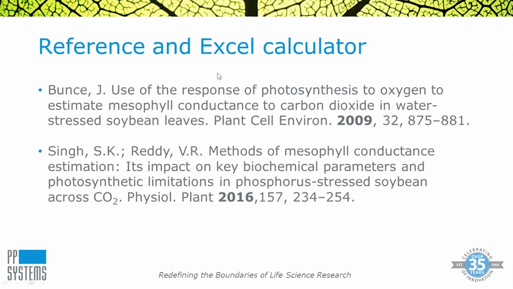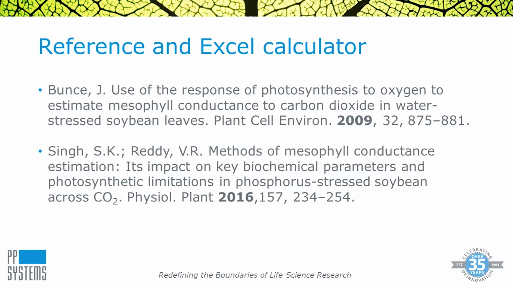This is a reference to the method, which is an old paper of mine, 2009. And this second reference here is the calculator. It's just an open access Excel calculator. As I said, it only works in the VC max limited region of an A/CI curve.